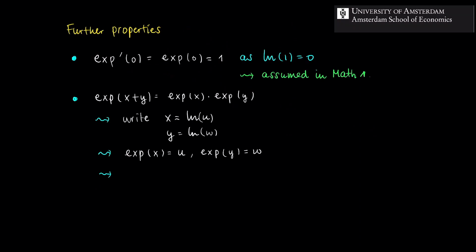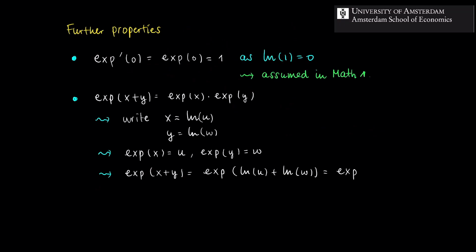So if we now write the exponential function evaluated in x plus y, what do we get? The exponential function of the log of u plus the log of w. But now we use the known formula for logarithms. If we take the sum of two logarithms, we get the log of the product, at least when u and w are positive, but in this case they are, by assumption.